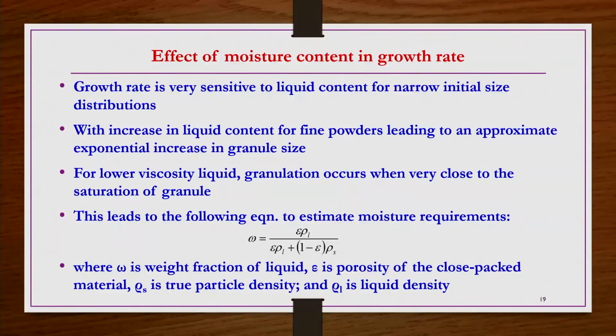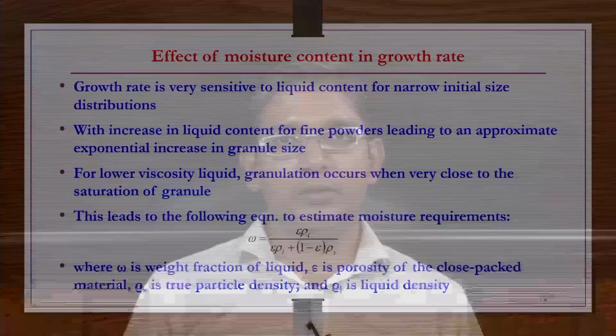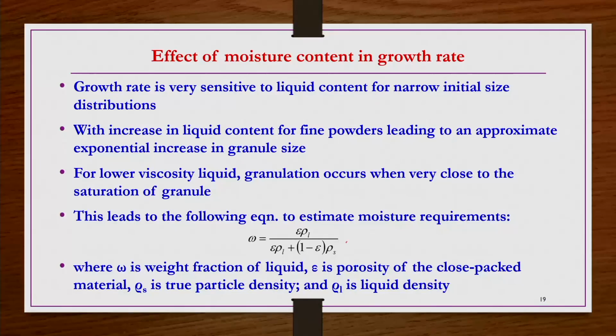When this material is initially taken into the granulating equipment, the porosity, or volume fraction of interstitial spaces, is epsilon. Then using this equation you can know what fraction of liquid you should use. If this comes out to be, let us say, 0.2, that means 20% of liquid should be used based on the initial solids that you have taken.